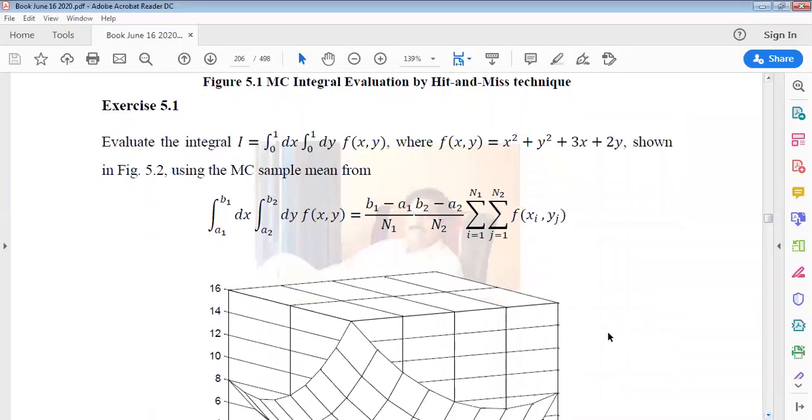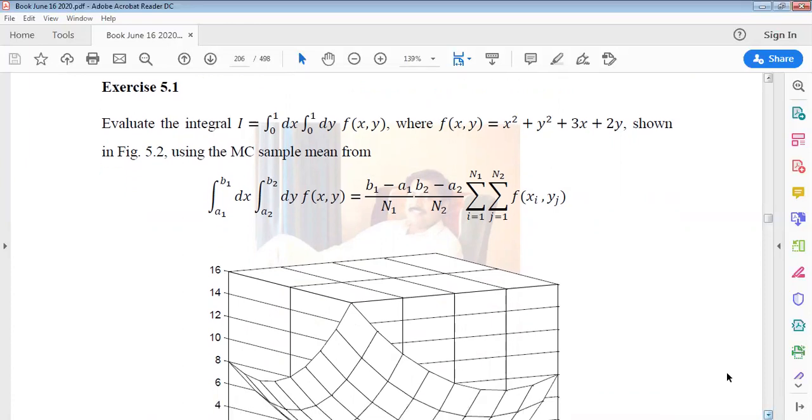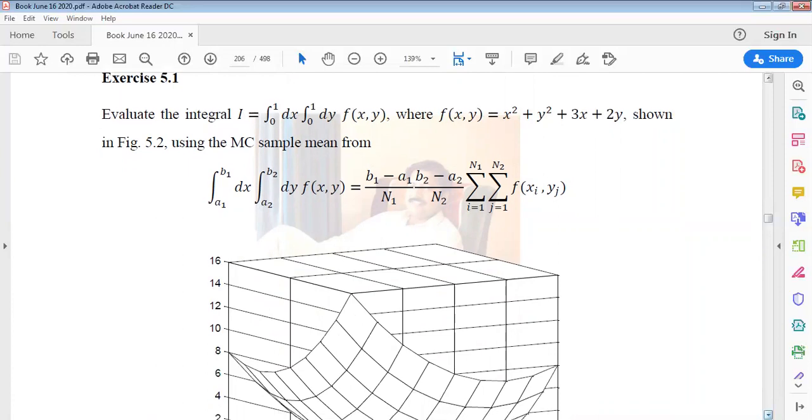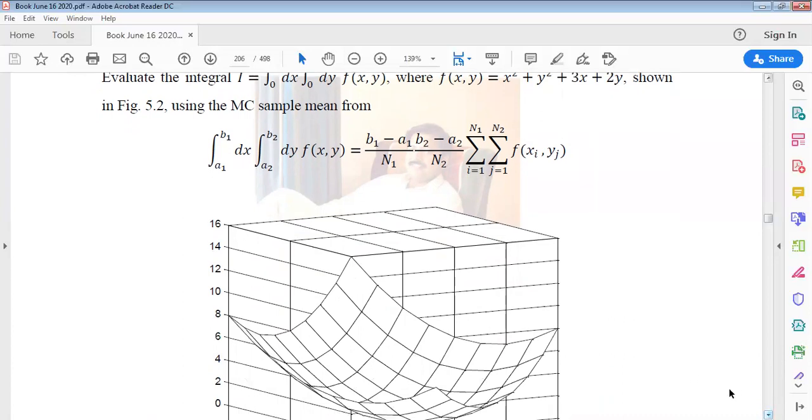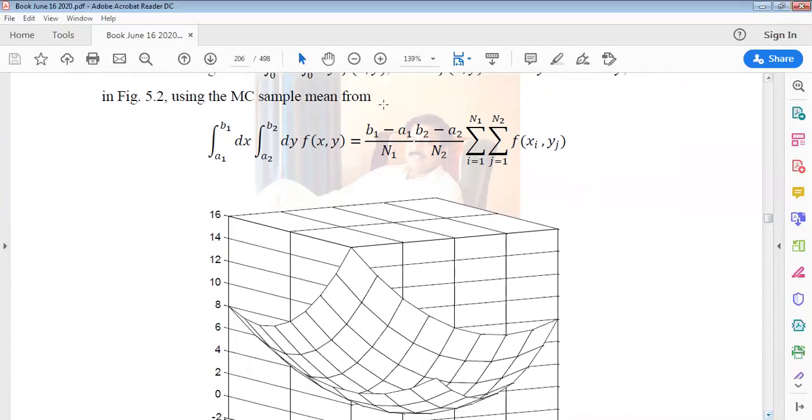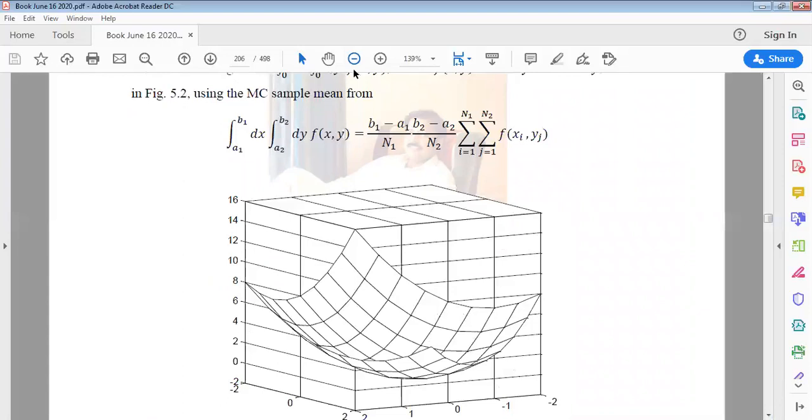Now let's see some examples. Exercise 5.1, let's do this. So let me show you this integral, x squared plus y squared plus 3x plus 2y. Okay, so this is what it looks like in MATLAB. Let me make it a little bit smaller.